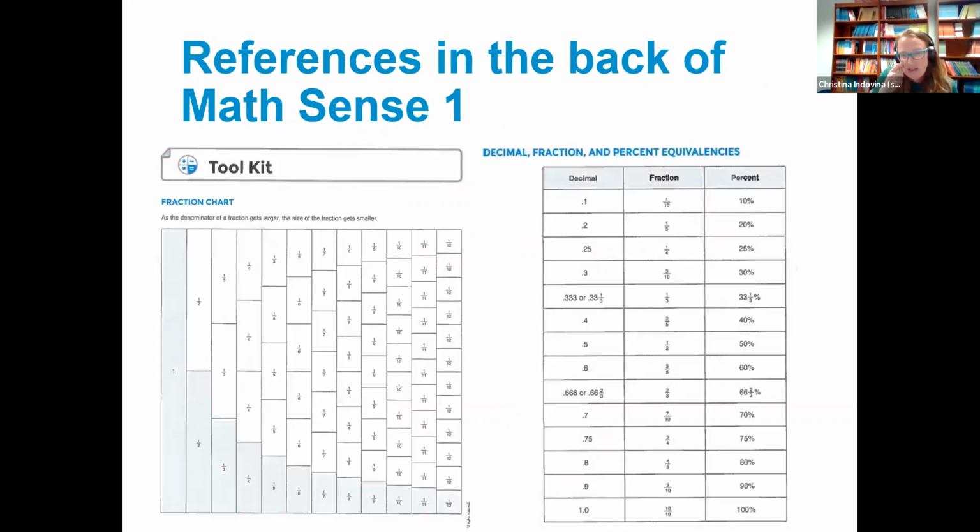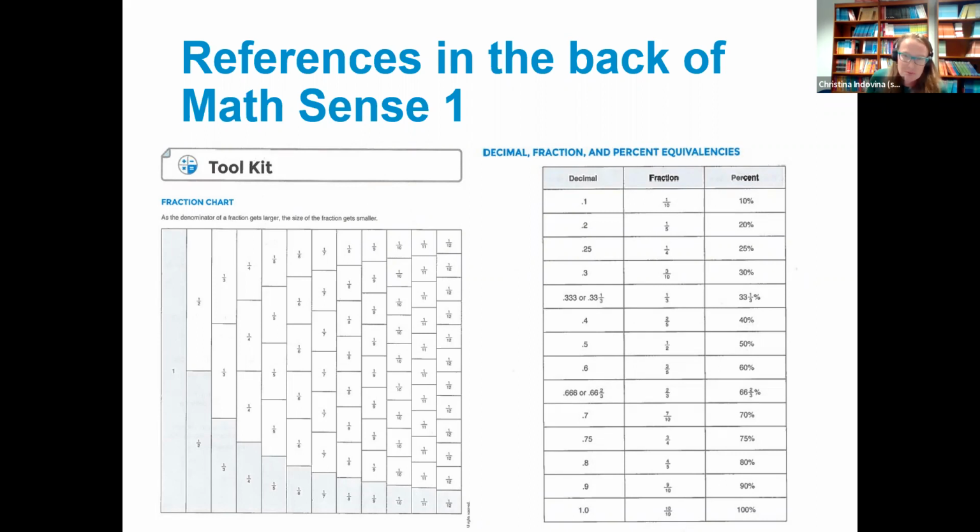I talked about this last week. There are some really good references in the back of both Math Sense 1 and Math Sense 2. I know Joanna and Jacqueline, you were both here last week, but we really love the toolkits in the back of the Math Sense 1 book, for fraction charts, and then the decimal, fraction, and percentage equivalencies. If this is something that you think your student is going to want to refer to a lot, it's totally fine to have them print it out and keep it next to them as a reference.